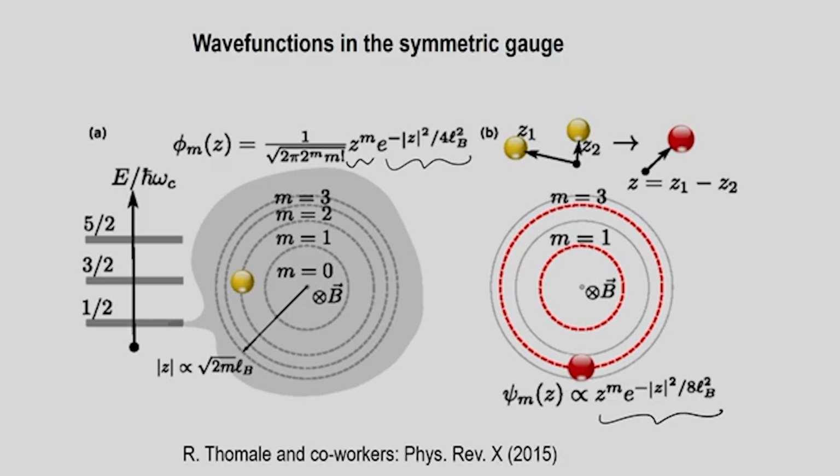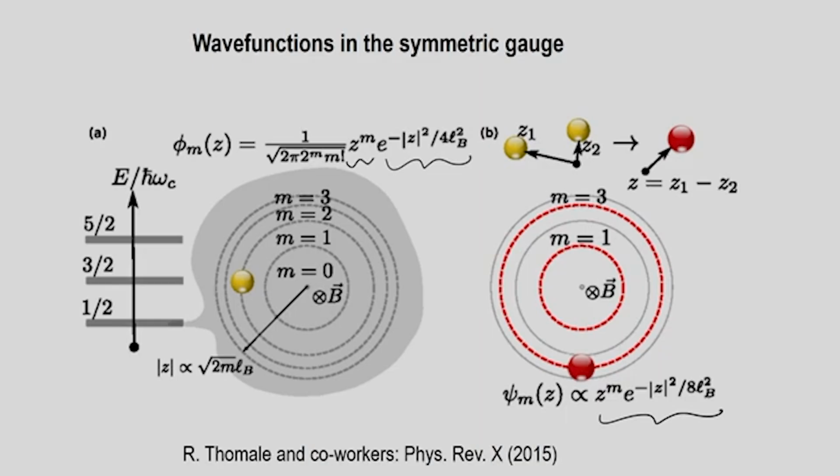And so, this is taken from Romain Thomale and his co-workers in PhysRevX in 2015. These are the Landau levels that are shown. So, it's half h cross omega, 3 half h cross omega, 5 half h cross omega and so on. And these are the circular Landau levels corresponding to m equal to 0, m equal to 1, m equal to 2 and 3 and so on.